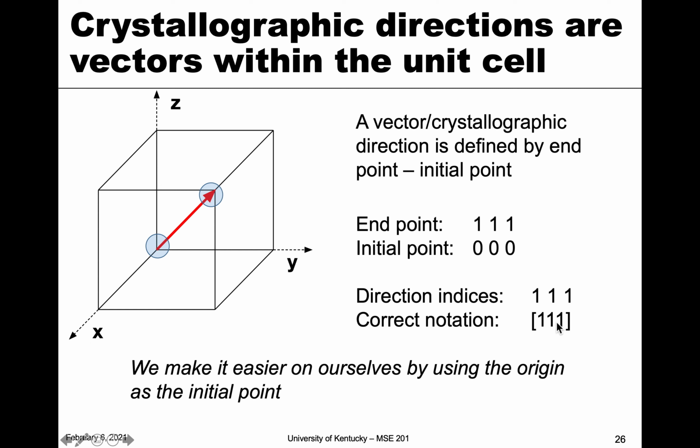You might ask yourself, why the square brackets? Well, if I look at this without even knowing about all the other stuff, I can say, oh, these are square brackets, so this is going to be a direction, and the indices are 1, 1, and 1. It's just a common notation that everybody uses, so that you know exactly what you're looking at. I see square brackets, I know that it's a direction.